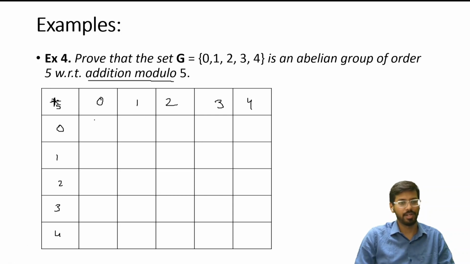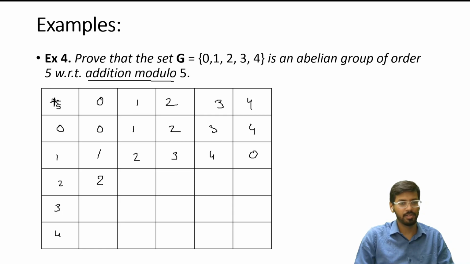अब दो एलिमेंट को ऑपरेट कीजिए। 0 + 0 modulo 5, that is 0, 1, 2, 3, 4. 1 + 0, remainder is 1. 1 + 1, remainder is 2. 1 + 2, remainder is 3. 1 + 3, remainder is 4. 1 + 4, 5, remainder is 0.